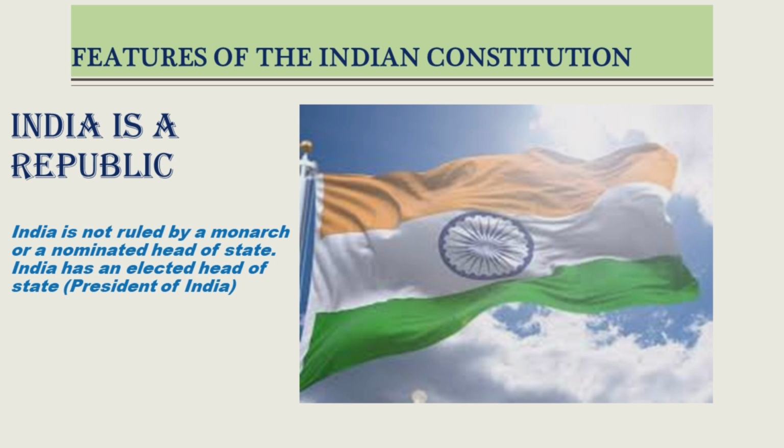In a republic, the leaders are not born into their positions, but they are elected by the people through voting. The citizens of India have the right to vote and decide who will govern them. This means that the power lies with the people and they have a say in how the country should run.